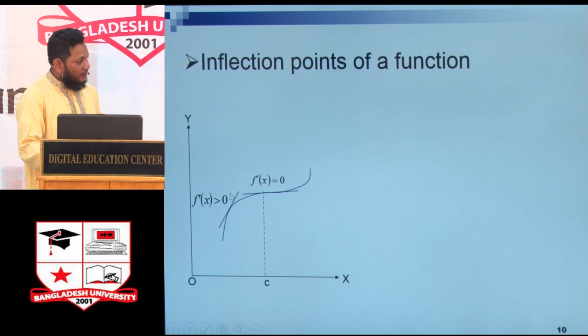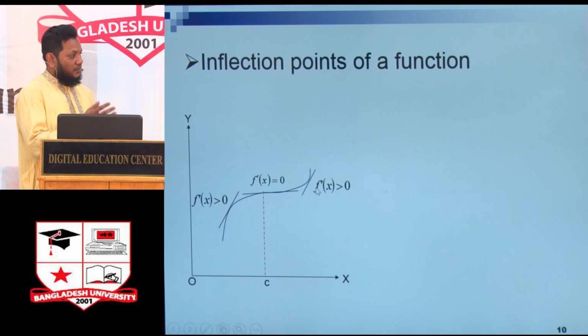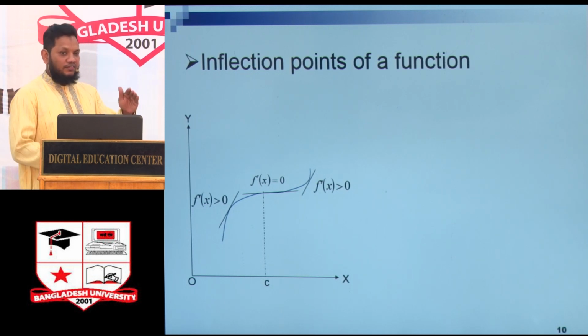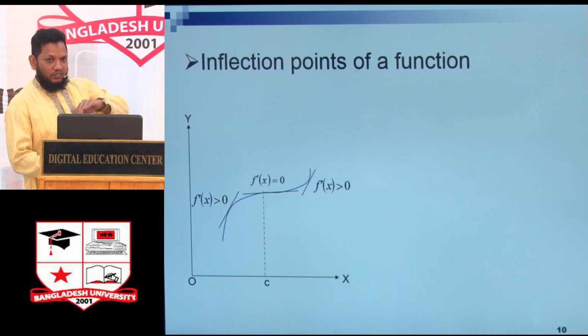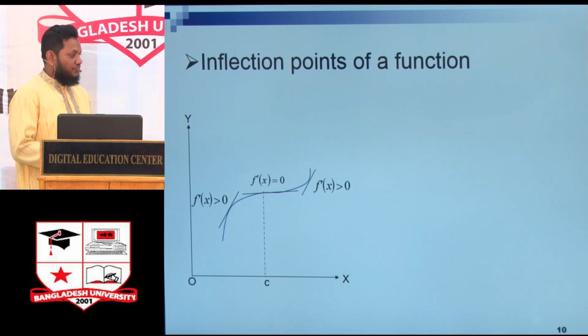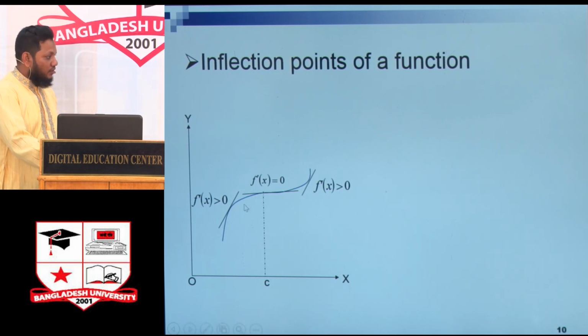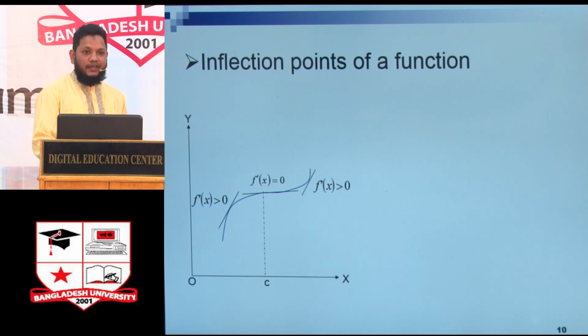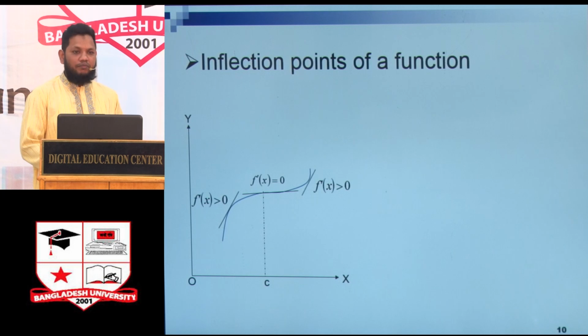And if we take another point on the right side, the function has a similar pattern. Here, we see this is also an increasing function. And in the previous slide, when a function is increasing, then the function decreases. But in this graph, we see the function is increasing, then 0, again increasing. And this stationary point is known as a point of inflection. And at this point, the function does not attain a maximum value or minimum value.